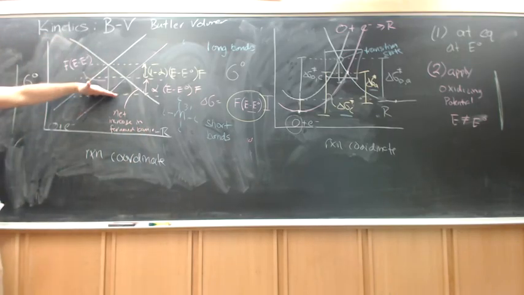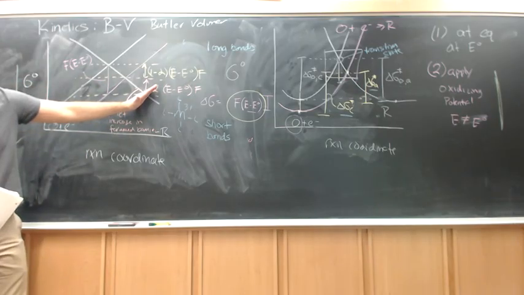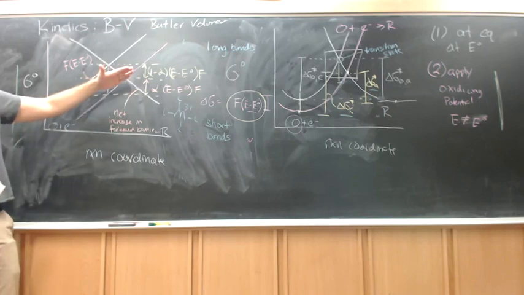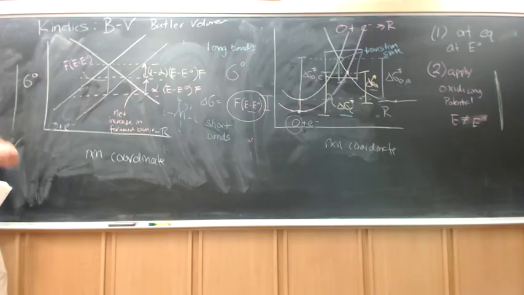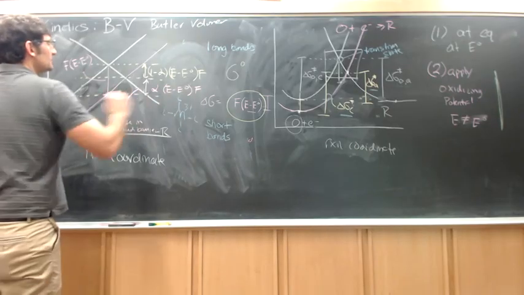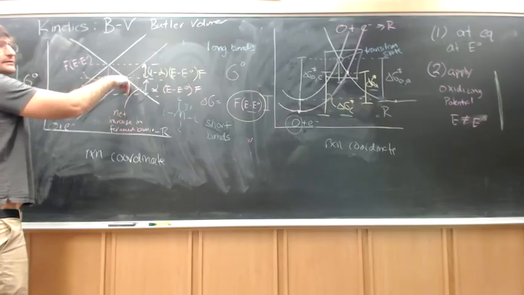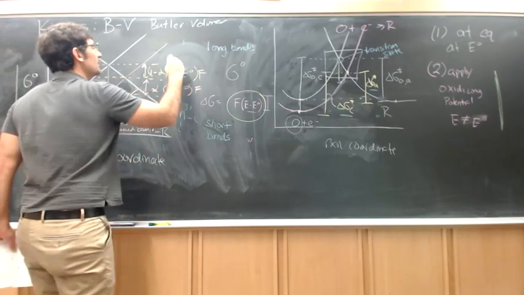Because if the crossing point decreased the same amount as this went down, it would cross over here. But it's not crossing there, it's crossing here, so the forward barrier has gotten bigger. So that's the net increase in the forward barrier. And similarly, this one, the crossing point used to be there, but now it's here. This is the net decrease in the reverse barrier.